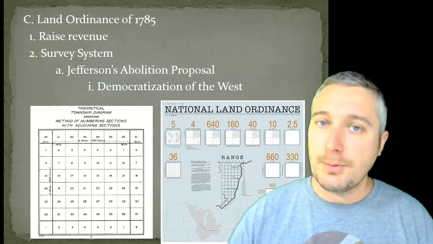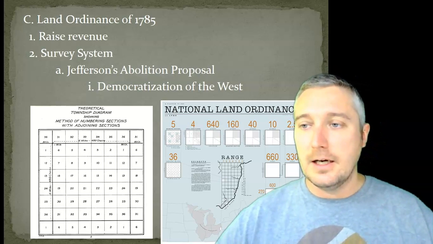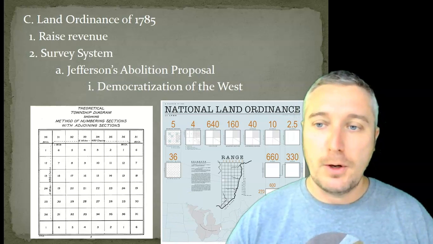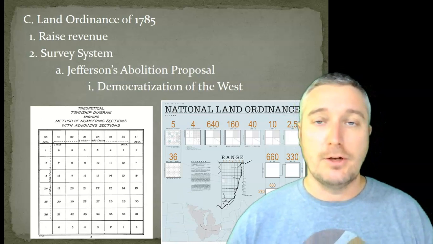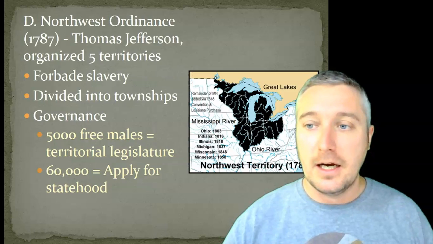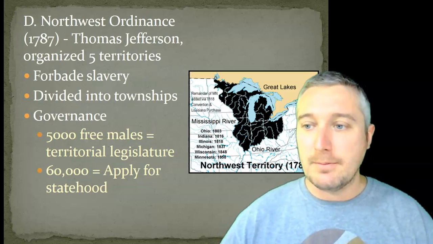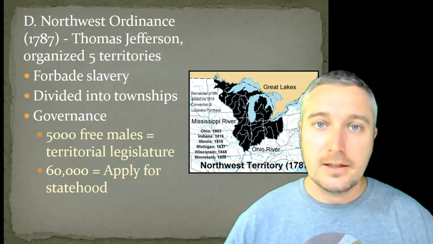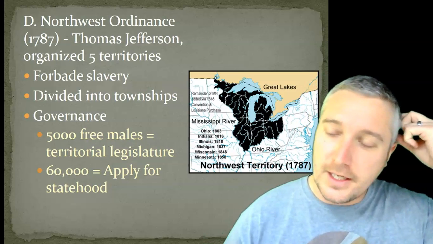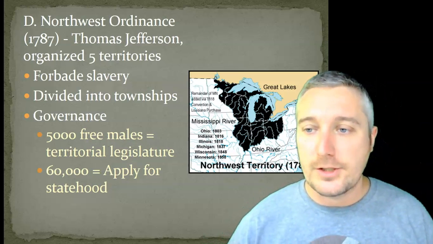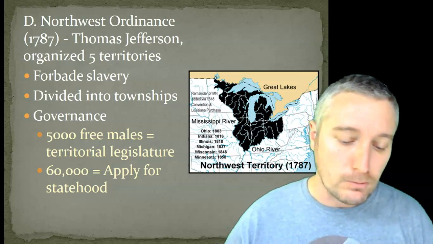So the abolition proposal, perhaps I wasn't clear, is shot down here, but understand that they were debating it. The next law that comes into effect is the Northwest Ordinance of 1787.